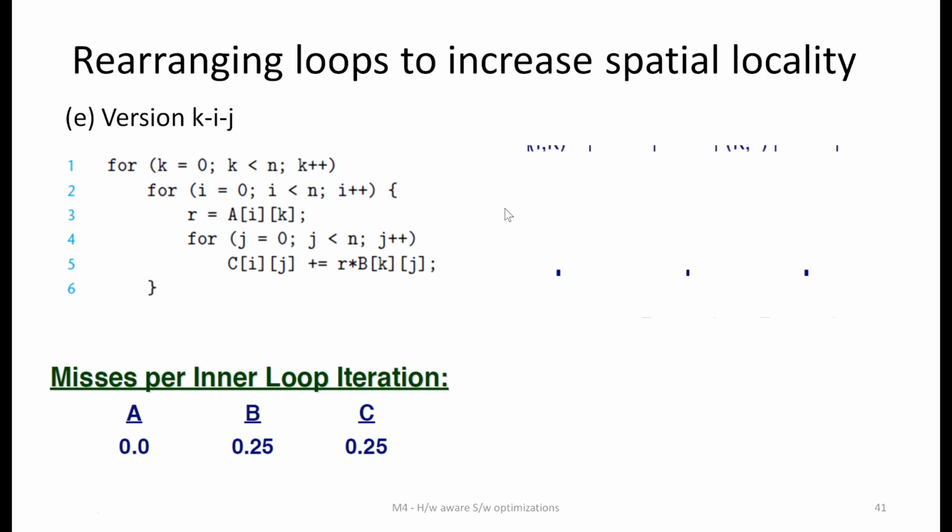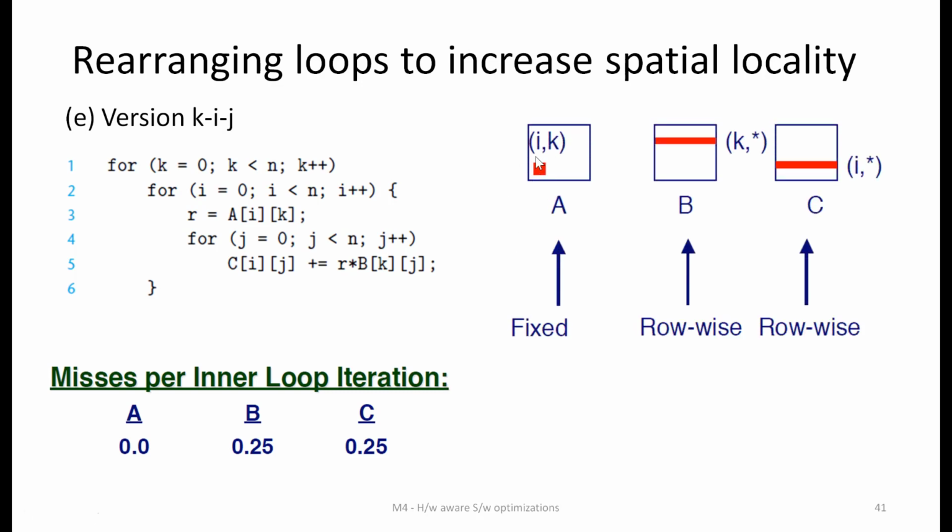If we try to visualize the way matrix elements are accessed, we are picking one element of A, multiplying it with the elements of one row of matrix B, and writing to one row of elements in C. So if we consider the innermost loop, which is j, there is no access for A. For B and C, because it is in row major format, if you consider the cache block size of 16 bytes, we would have only one miss for every 4 accesses. So the miss rate is 25%, or the hit rate is 75%.